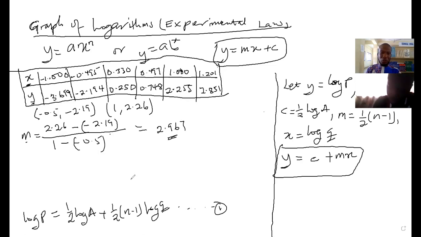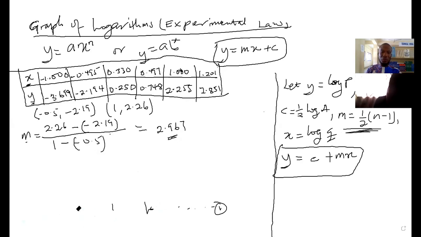So when we go back here, we will see that our m is half of n minus 1. We are going to substitute our value.